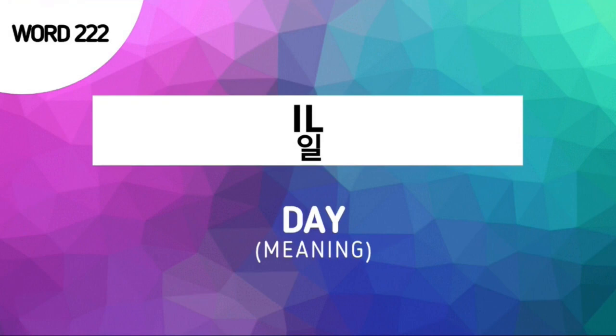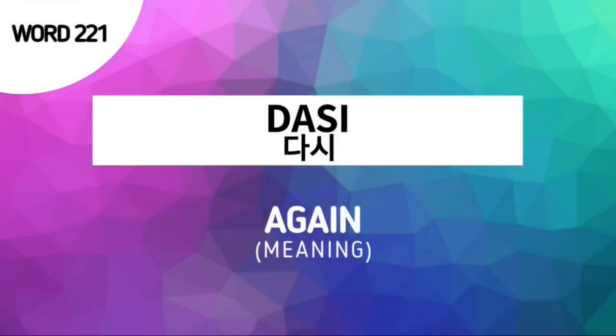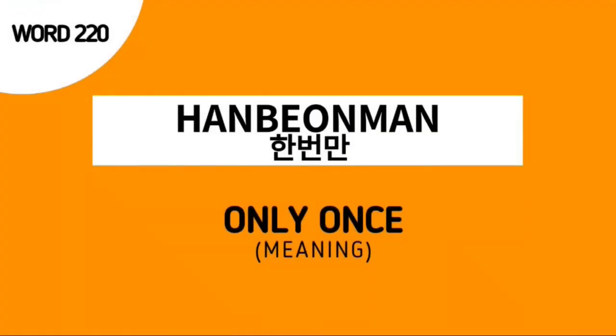This is another term for day in Korean, but this is more probably used when indicating a date. Word number 221 is dashi, which means again. Word number 220 is hambanman, which means only once. And this is the last for our review today.